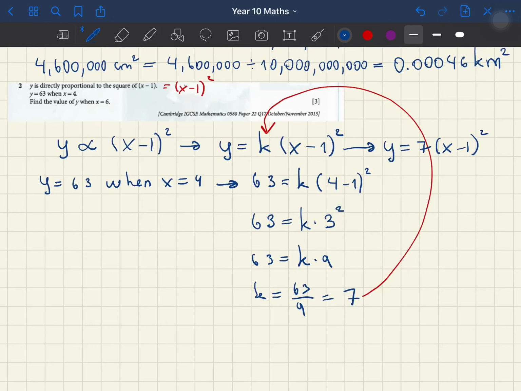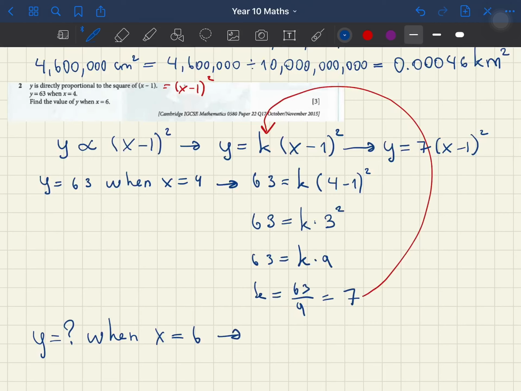And now we have to find the value of y when x equals 6. How to do this?